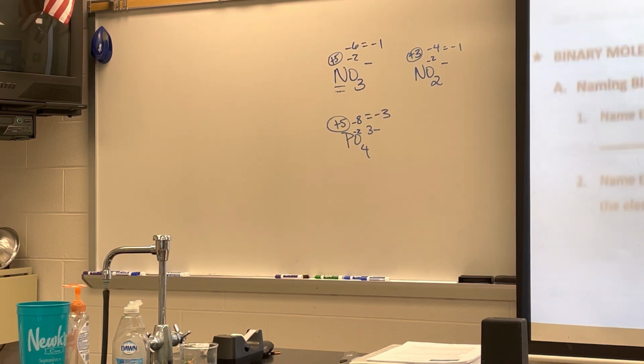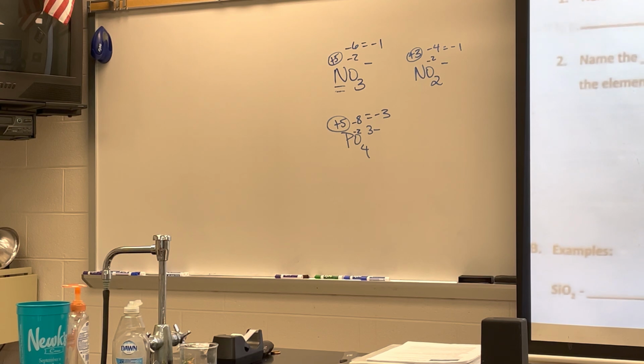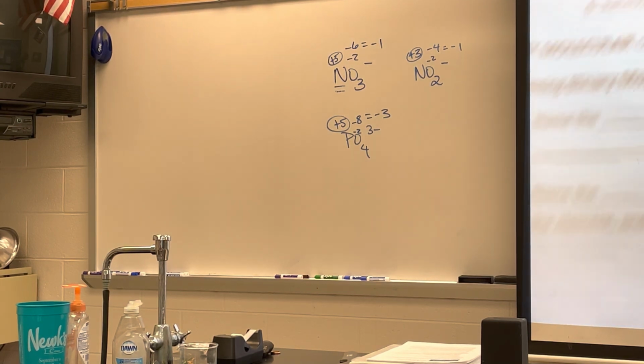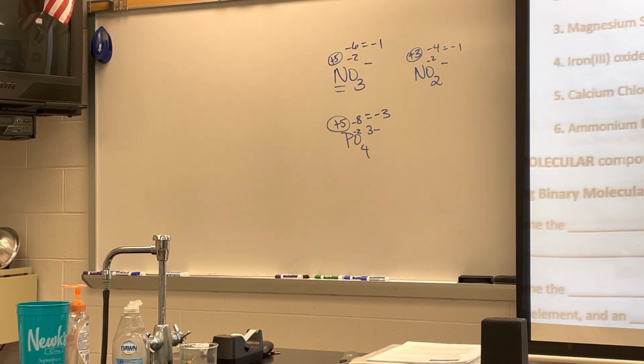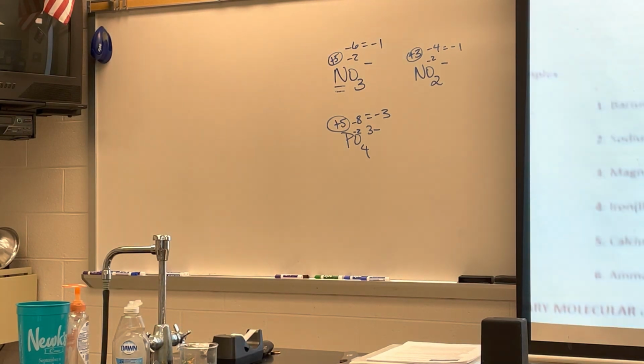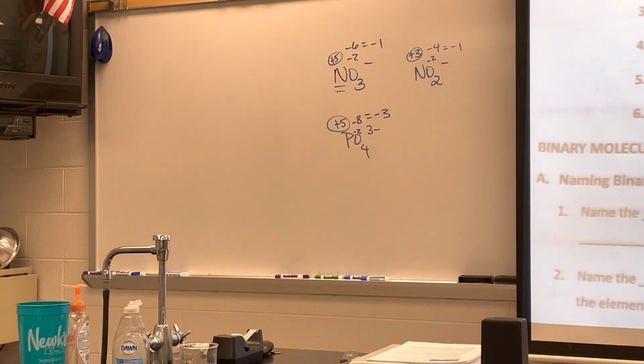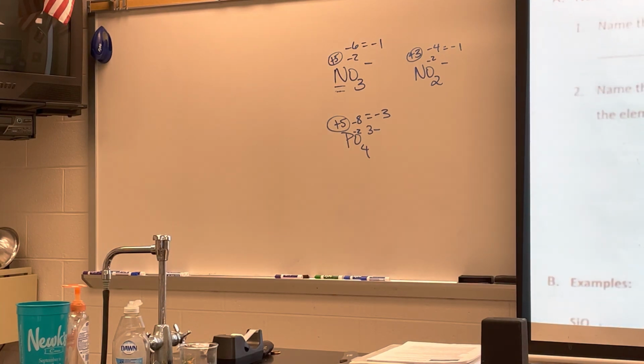Naming binary compounds. What does binary mean? 2. Well, you guys can pretty much practice these, and if you want to check your answers, we can do that. But if you want to fill these in, these are just more practice for you. All right. Naming binary.